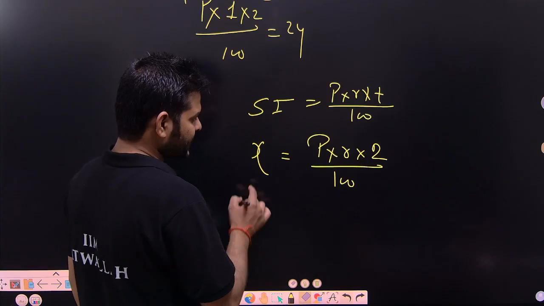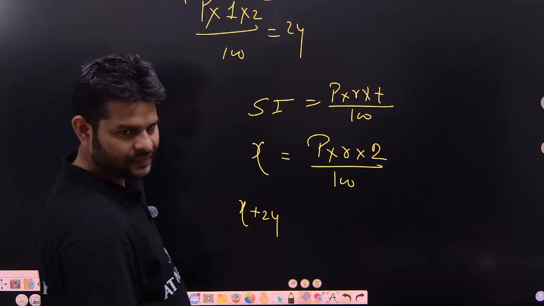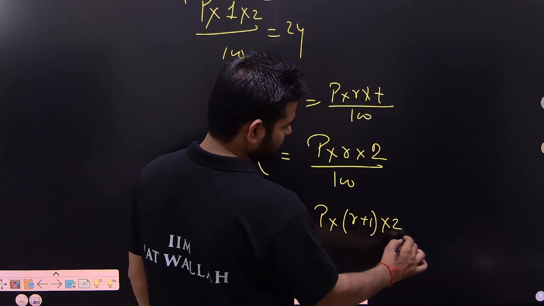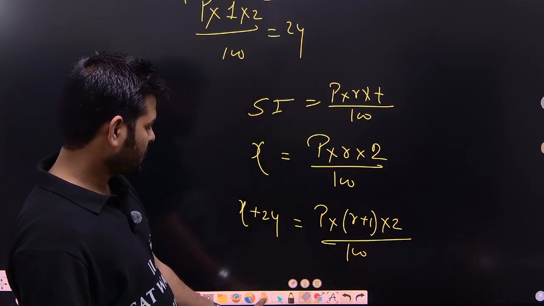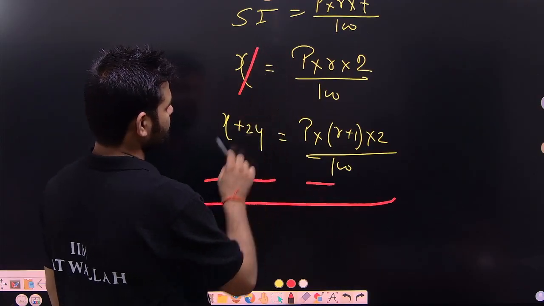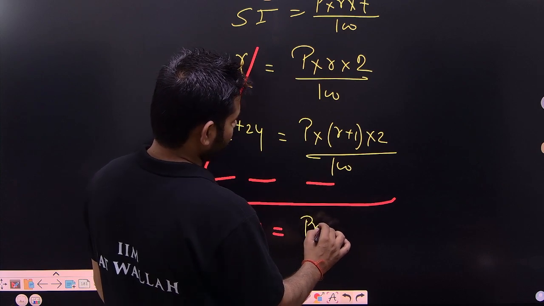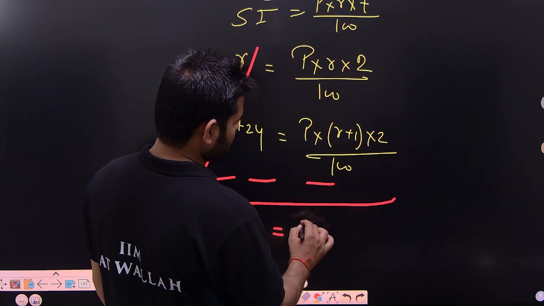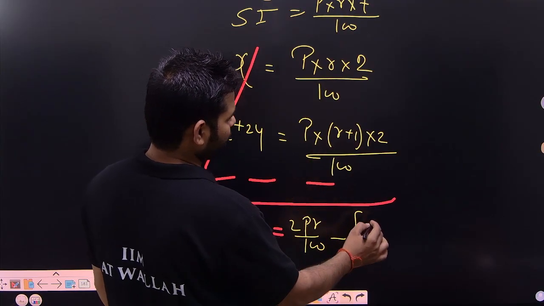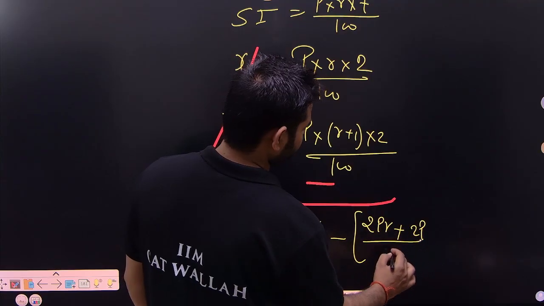Rate increases by 1% and simple interest increases by 24. So now simple interest would be X plus 24, that means PR would be R plus 1. If you subtract, you will get 24. From here you will get 2PR upon 100 minus, if you multiply, 2PR plus 2P upon 100.